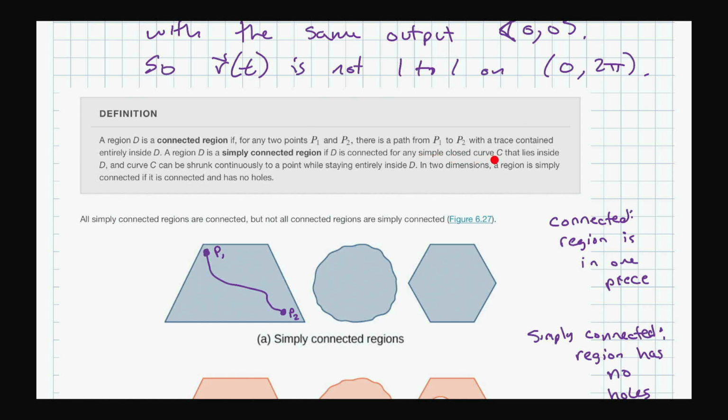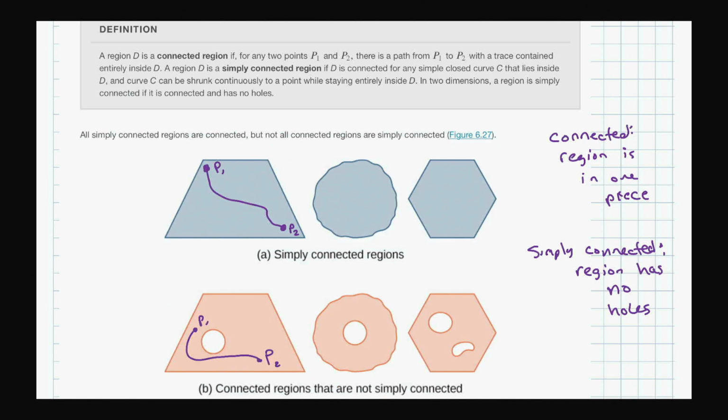closed curve that lies inside D, then the curve can be shrunk continuously to a point while staying inside D. So what that means is this. So like for simply connected, what you'd be looking at is if you make a circle and then you shrink that circle down, right? Then it would shrink down to a single point.